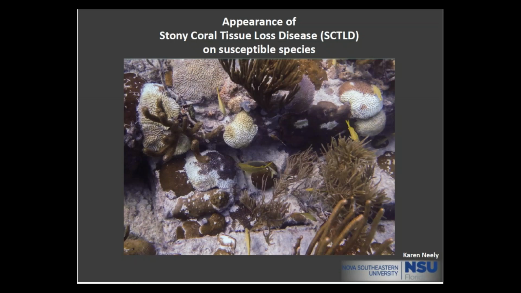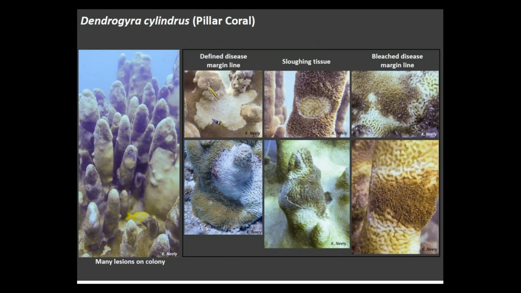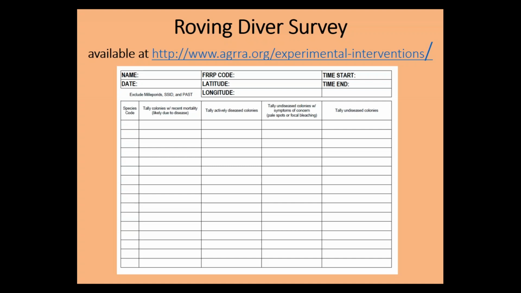Dr. Karen Neely, who heads up our reconnaissance and intervention team here in Florida, developed a slideshow to help with the identification of stony coral tissue loss disease. This is available on the AGRRA website as well. And this is meant to be a slideshow. You sit in front of your computer and look at the pictures of how stony coral tissue loss disease appears in the affected species.